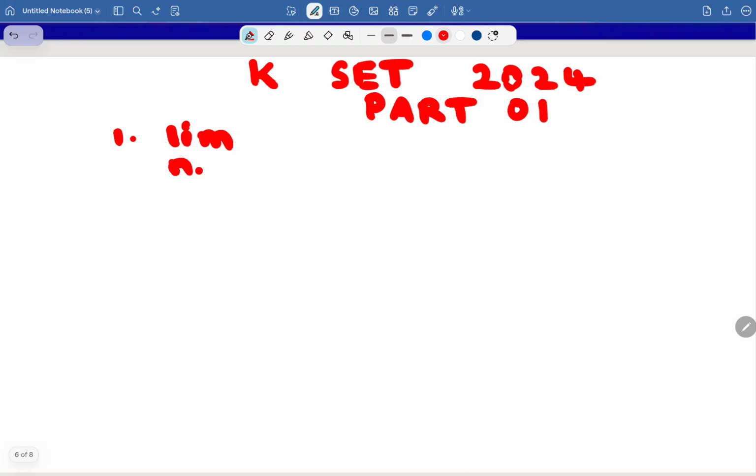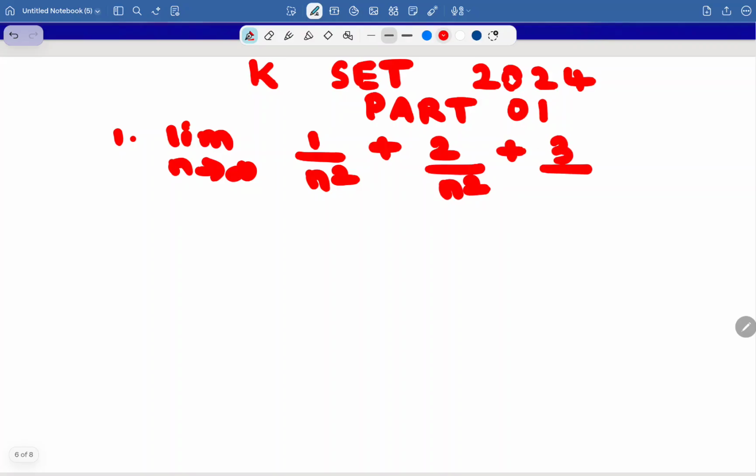Limit n tends to infinity of 1 by n square plus 2 by n square plus 3 by n square plus up to n by n square.